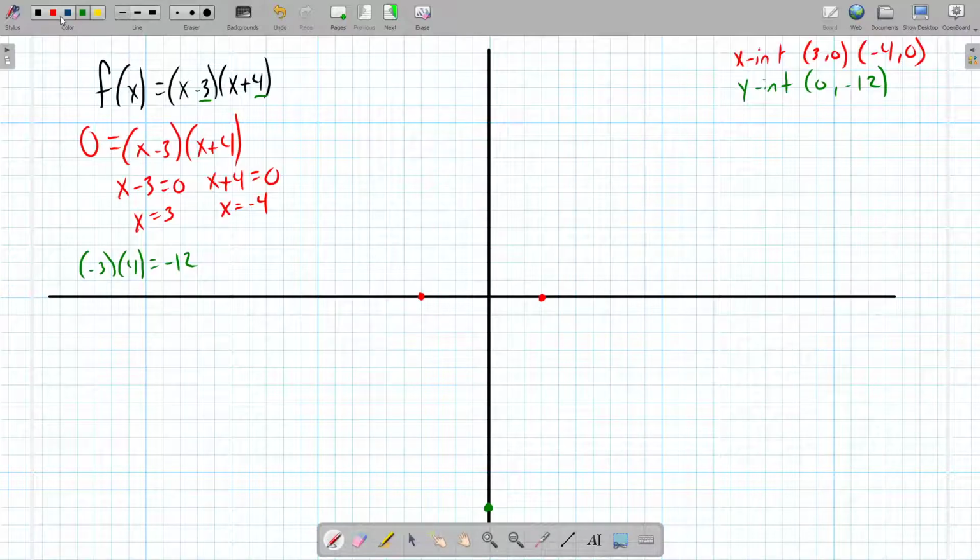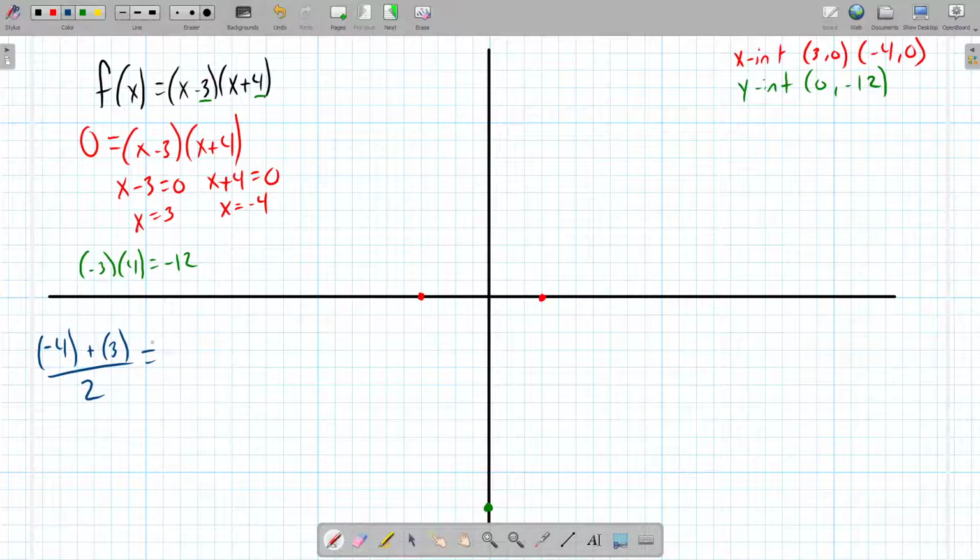So if I take a concept like the midpoint, right, finding a midpoint, you add the two x values and you divide by 2. So if I take the two x values of my x-intercepts, negative 4 and 3, and I add them together and divide by 2, I can get the x value of my vertex.